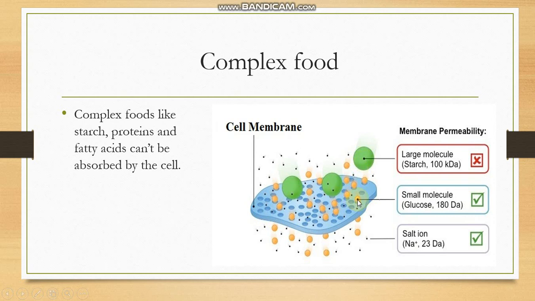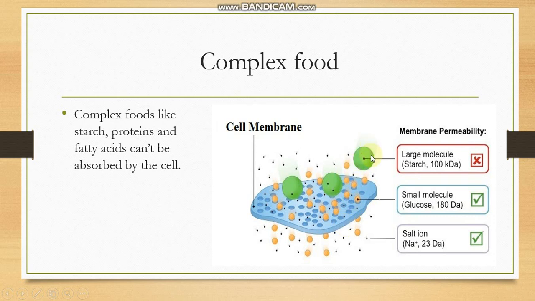We have the glucose, which is monosaccharide made up of 1 unit of sugar. And here we have the salt ions that have very simple structure, okay? As we can see, the glucose and the salt ion, which have a simple structure, they could pass through the cell membrane. قدروا يمرقوا من خلال هالcell membrane and can be used by the cell.